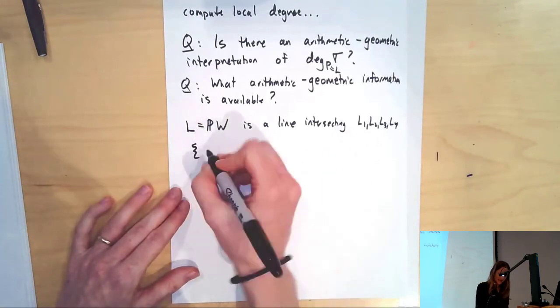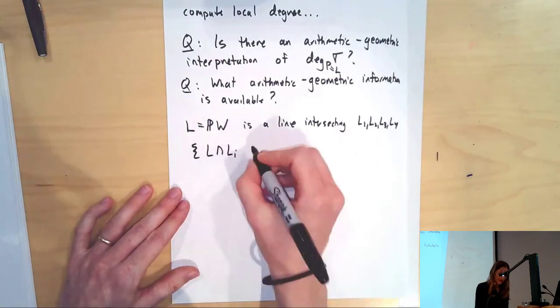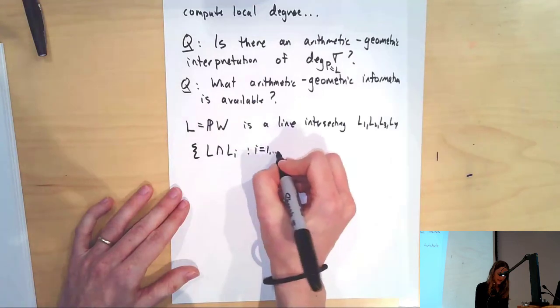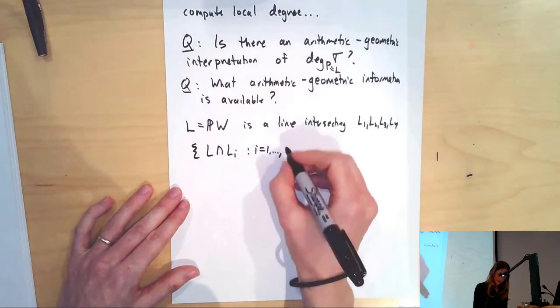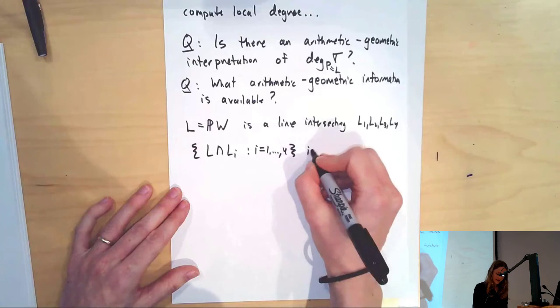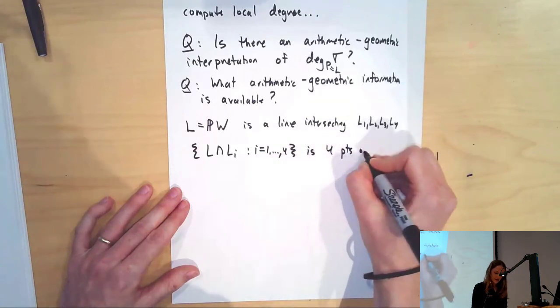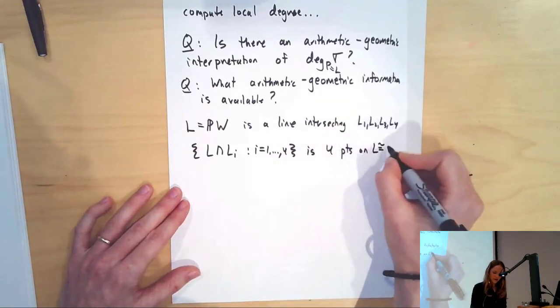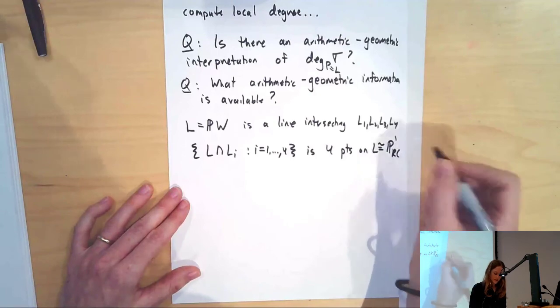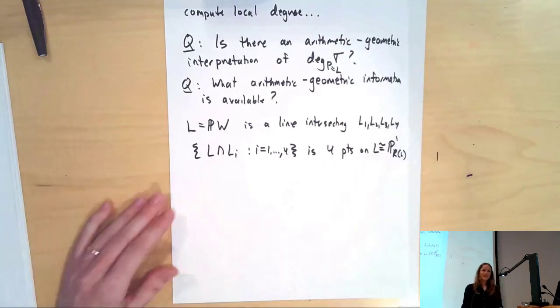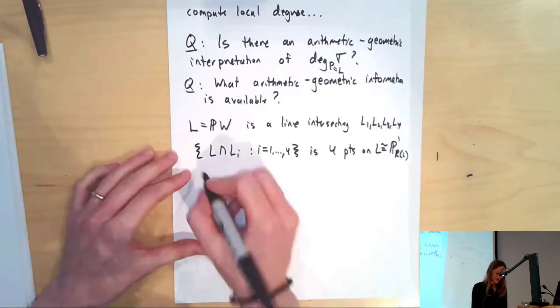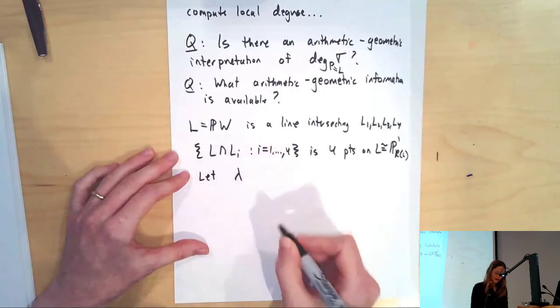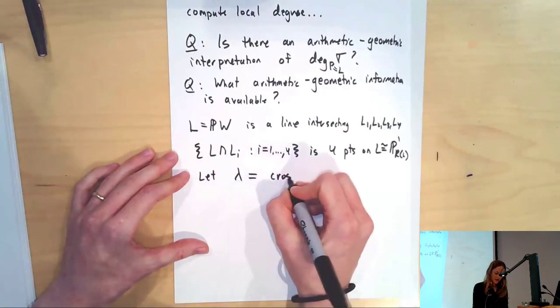So that means that L intersect Li is 4 points on L, which is isomorphic to P1 of K of L. And therefore, they have a cross ratio. So let lambda be the cross ratio.